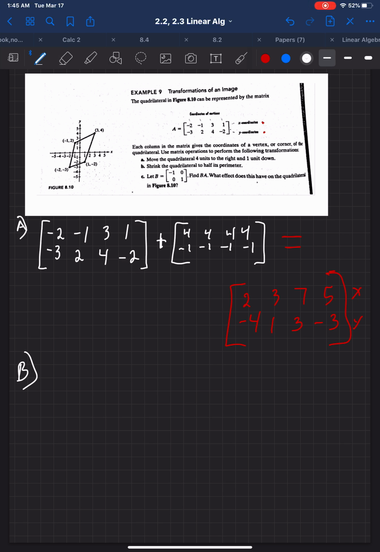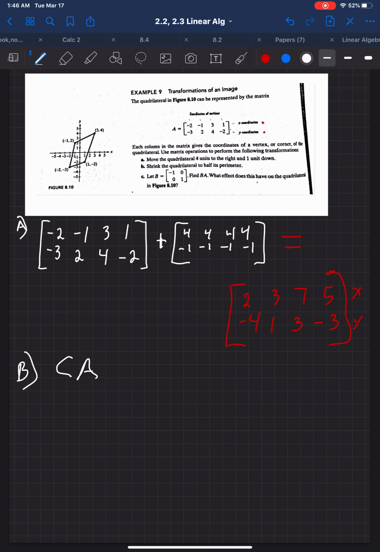But to actually adjust the perimeter, right, you're going to need to scale. So this C represents some type of scalar. You would actually have to scale matrix A in order to adjust its perimeter. That would shrink it or grow it, depending on the value of C that you choose.